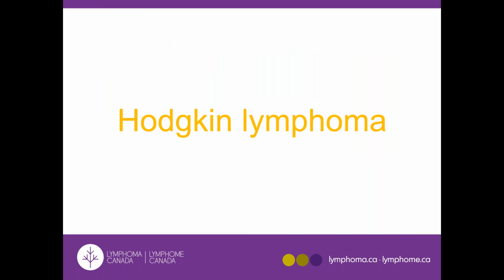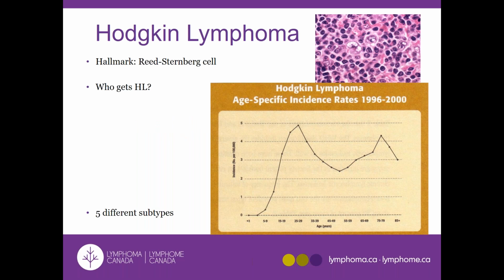And finally, I'll finish up with a few slides on the counterpart of non-Hodgkin lymphoma, which is Hodgkin lymphoma, quite different. And the patients who get Hodgkin lymphoma are quite different, but however, sometimes, again, depending on the subtypes, it can be difficult to tell between particular subtypes of non-Hodgkin lymphoma and Hodgkin lymphoma on pathology, and we need, again, a good amount of tissue to be able to tell.